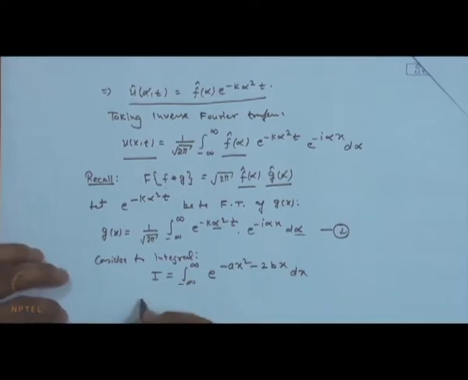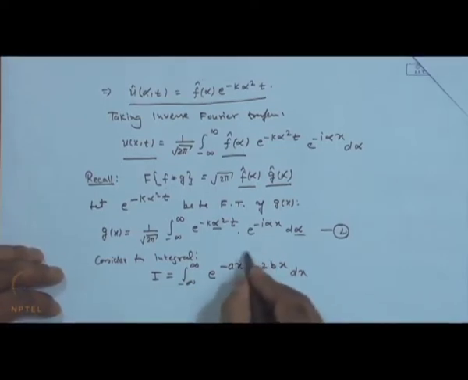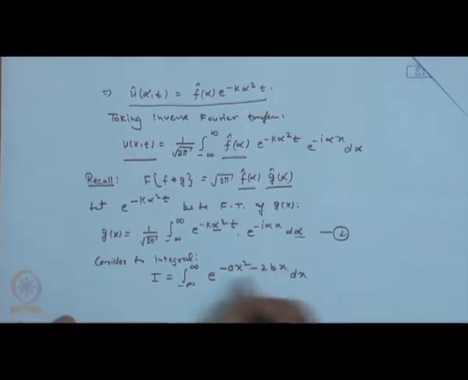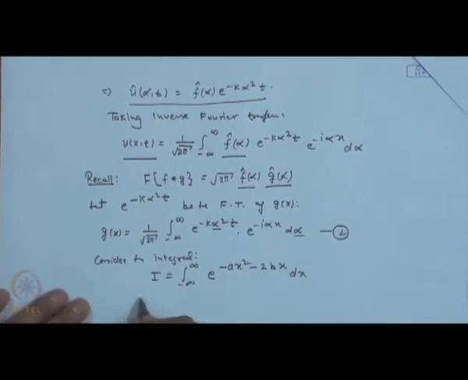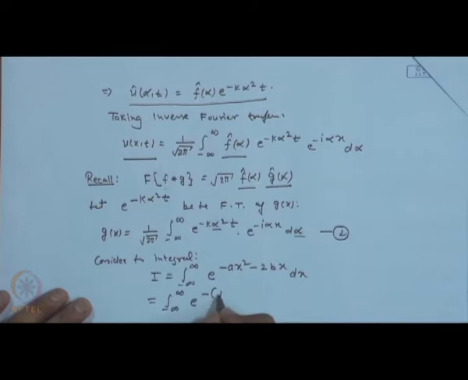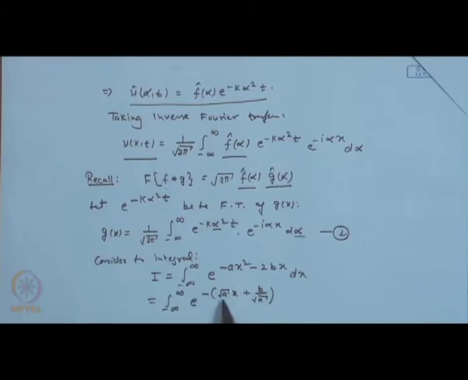So, what we do now, we try to put this in the whole square form. So, the integral from minus infinity to plus infinity of e^(-(square root a x + b over square root a)^2), which gives us the multiplication of these and 2 times 2xb with minus.